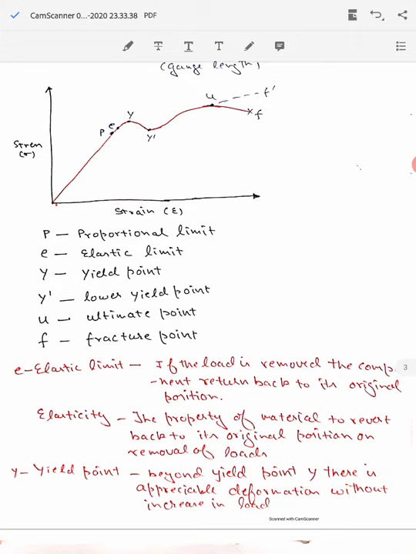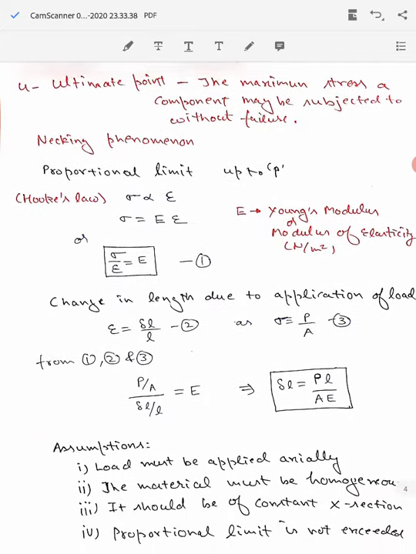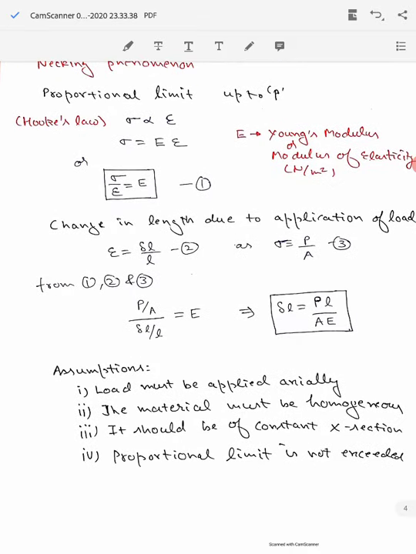I have already defined strain, which is given by epsilon, and it is given by delta L by L, the change in the length of the body divided by the original length. And we have also defined the stress for this tensile case as P by A, the applied load divided by the cross-section area of the body.